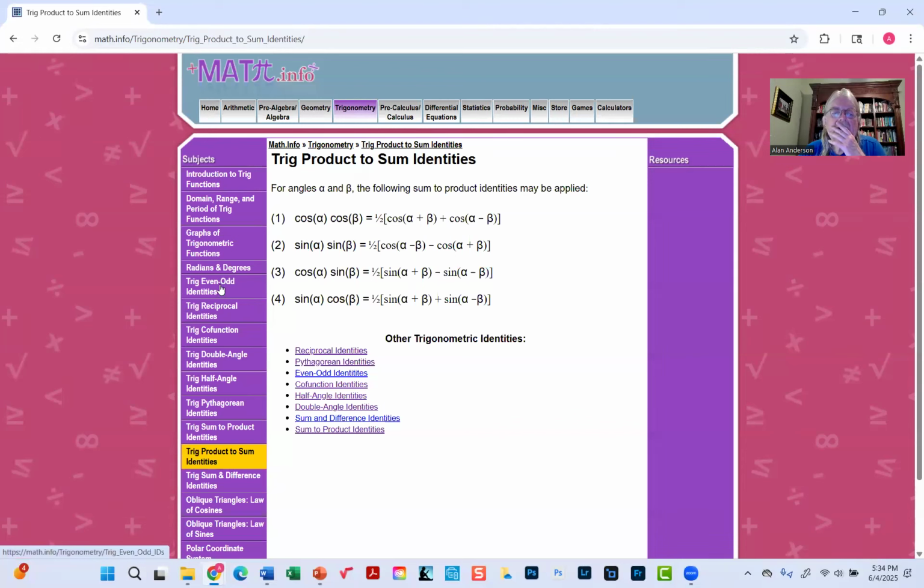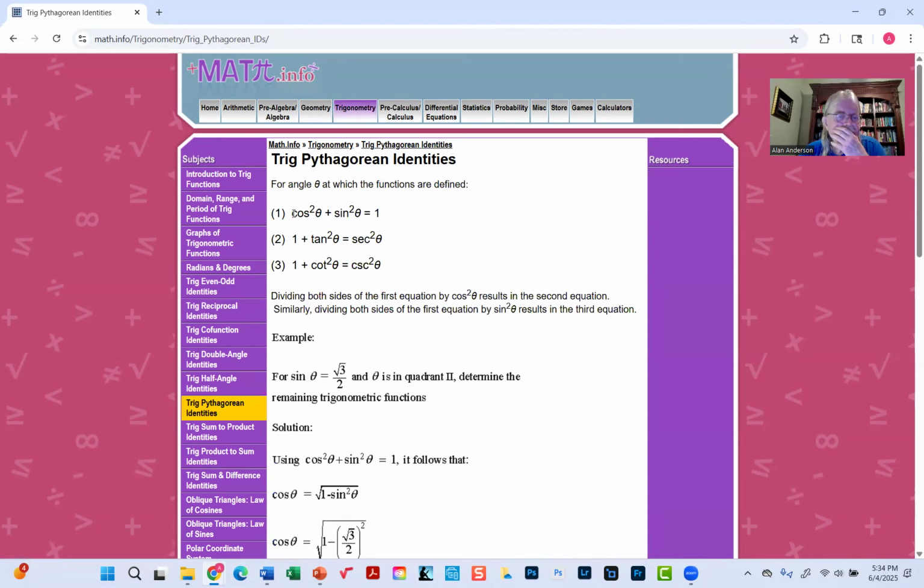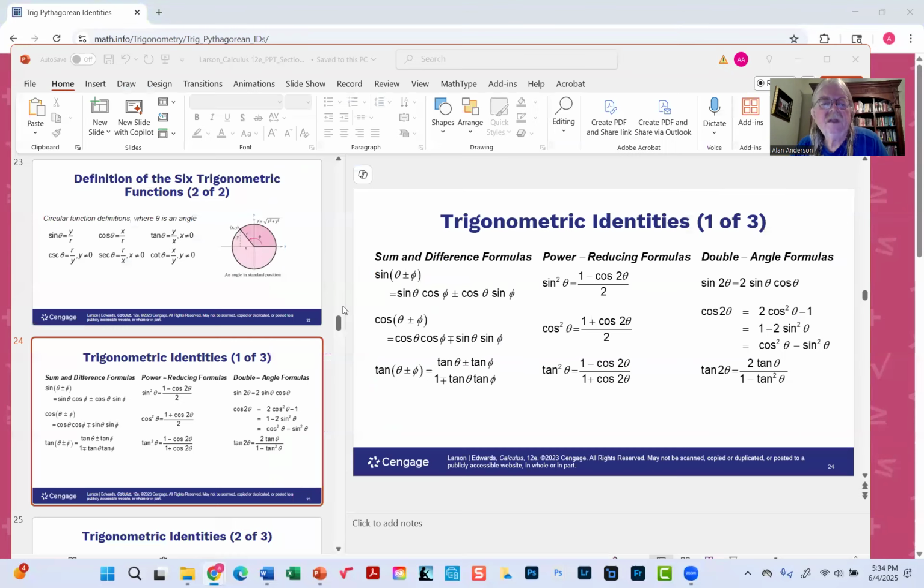But the only one you might stick in your memory, besides the definitions, is maybe this one, from an earlier class. You run into this fairly often in trig, or you use it to help simplify your results. So, but here they are.